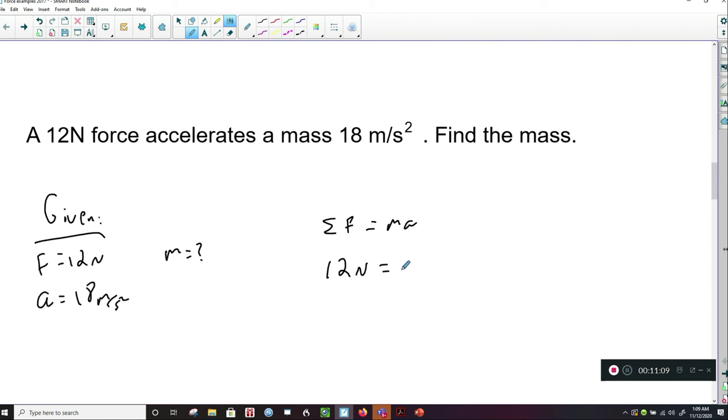So 12 newtons is equal to m times 18 meters per second squared.